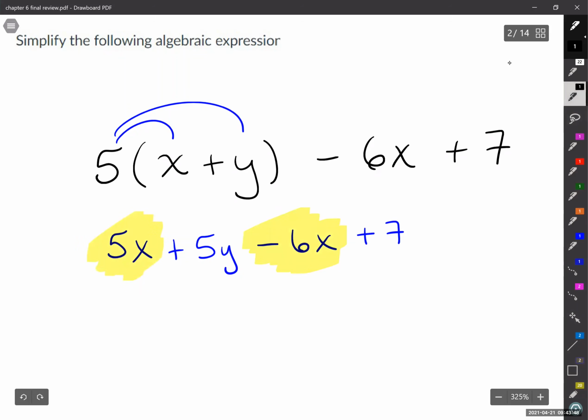So we had 5 x's, we subtracted 6, so that should leave us with -1x plus 5y plus 7.